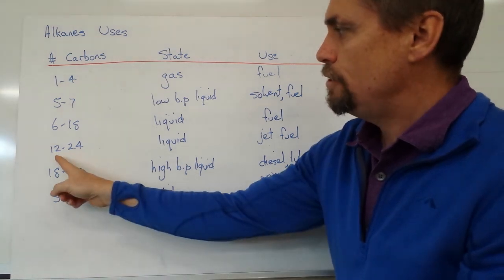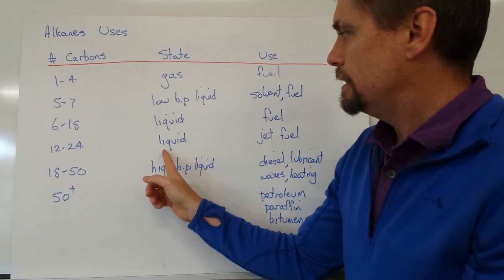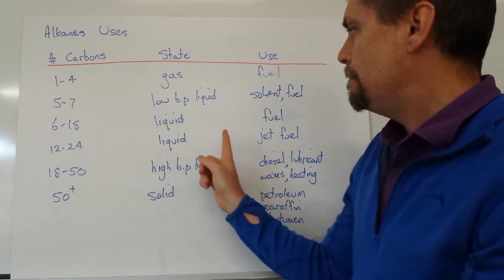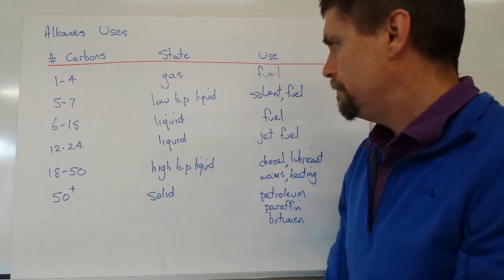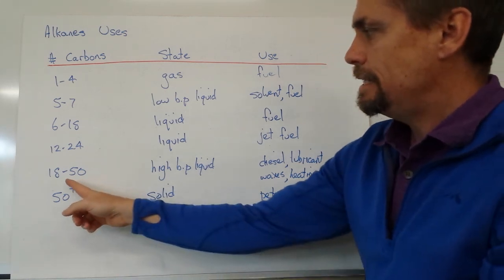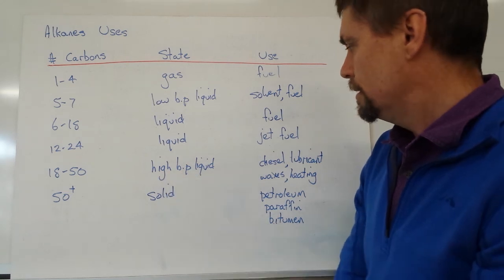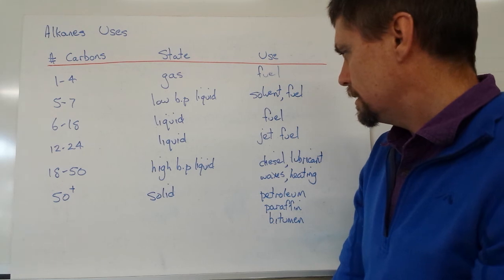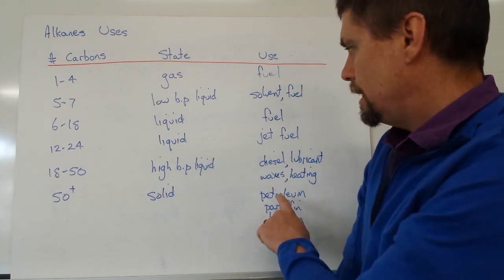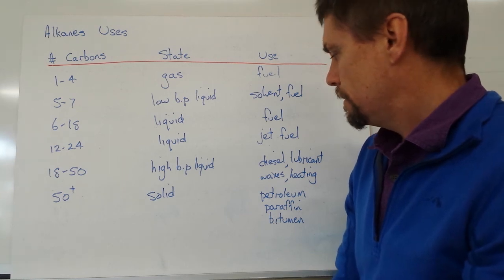If we've got between 22 and 24 carbons in a single carbon chain, still exists as a liquid, but a much more dense liquid and used as jet fuel. Between 18 and 50 carbons, this is a high boiling point liquid, and these are our diesels or our liquid lubricants, sometimes our waxes and our heating oils.